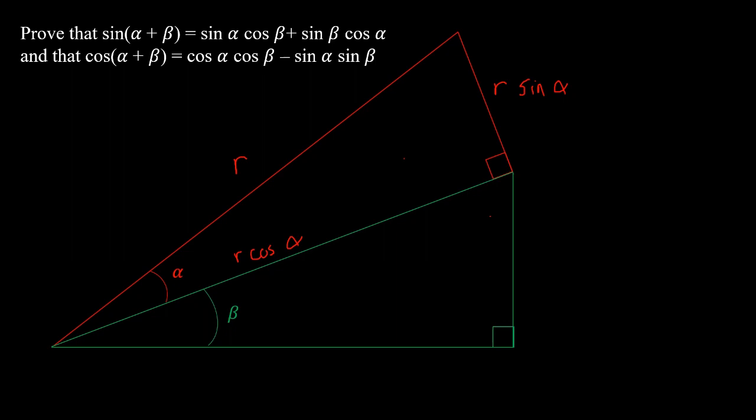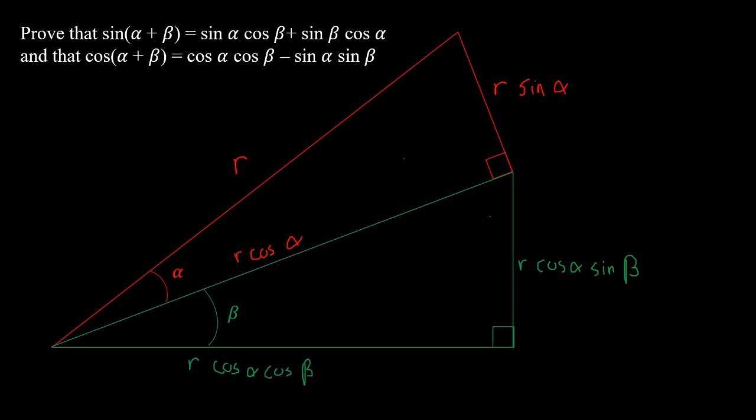The side opposite to beta is going to be r cosine alpha sine beta, and the side adjacent to angle beta is going to be equal to r cosine alpha, sorry, it's not supposed to be sine, this is actually supposed to be cosine beta.